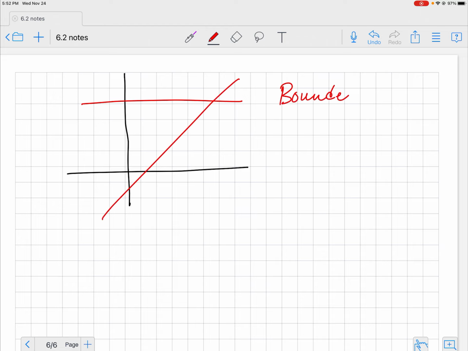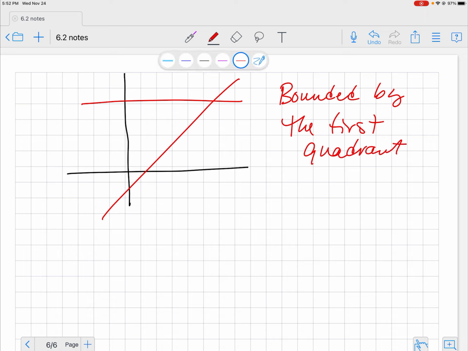And I'm told that I am bounded by the first quadrant. That's something that you can also have. So yes, I've got these two intervals, but whenever I am bounded by the first quadrant, I only have this piece of it that I'm looking at.